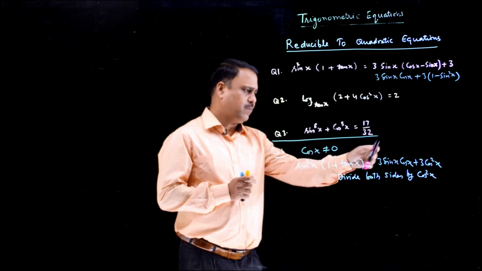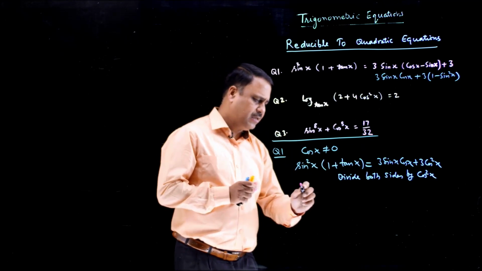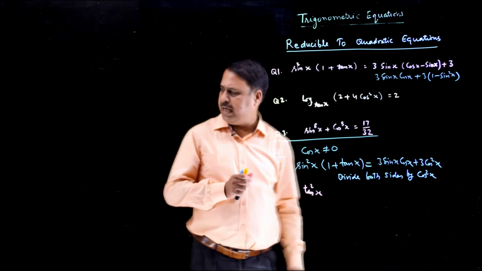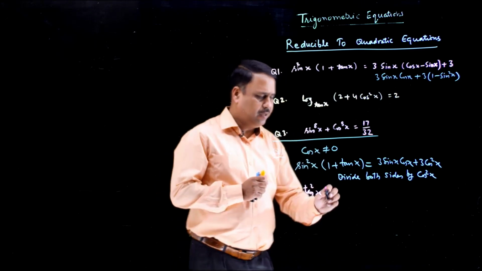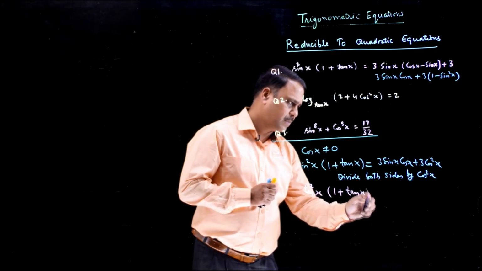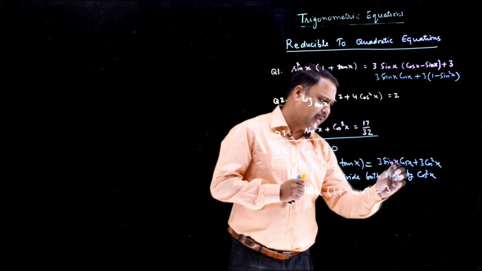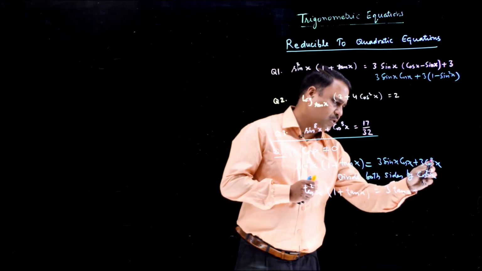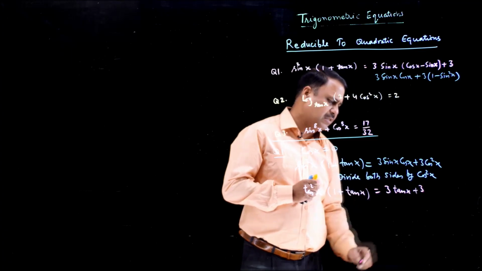Sin square x upon cos square x will become tan square x. So my question will become tan square x into 1 plus tan x is equal to 3 tan x plus 3, since I have divided cos square x, it will be plus 3.